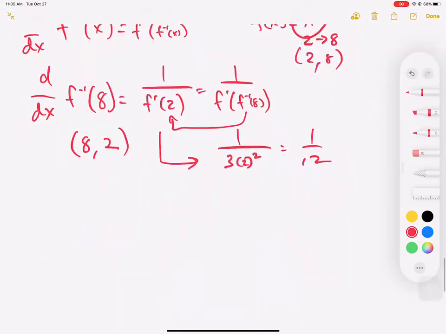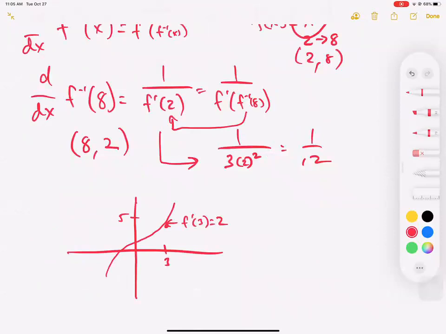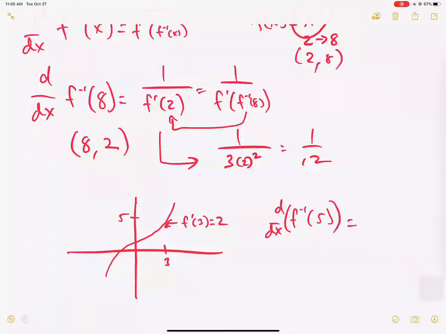Let me give you another problem. Here's 3, call that 5. And the slope, f prime of 3, is equal to 2. What is the derivative of the inverse at 5? This is all you need. I could draw you the inverse graph. I could point at 5.